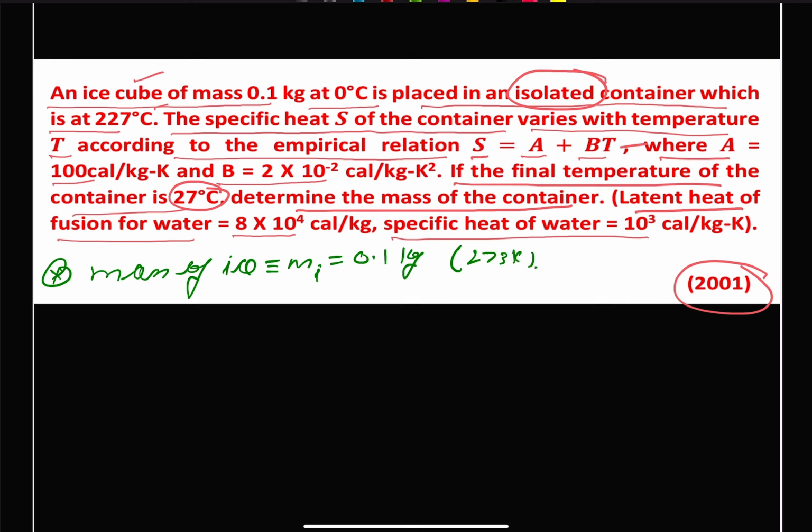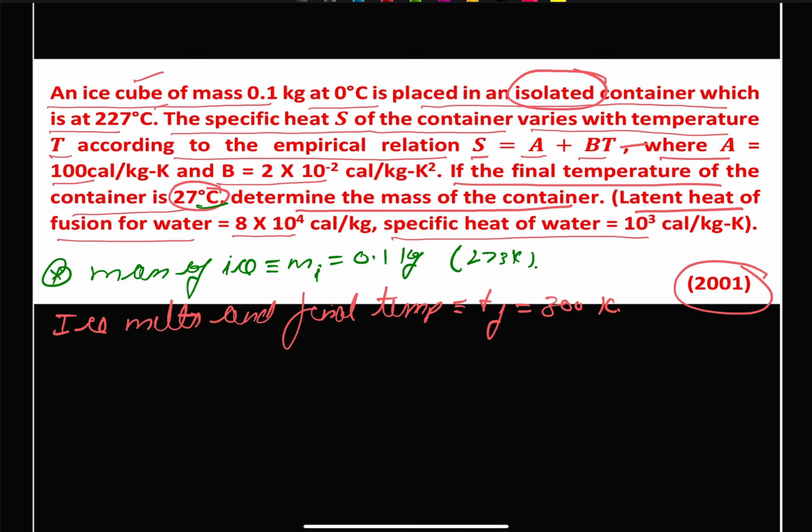And the final temperature is said to be 27 degrees centigrade. So we can say the ice melts and the final temperature, let us suppose this is T of F, will be equal to 300 Kelvin.